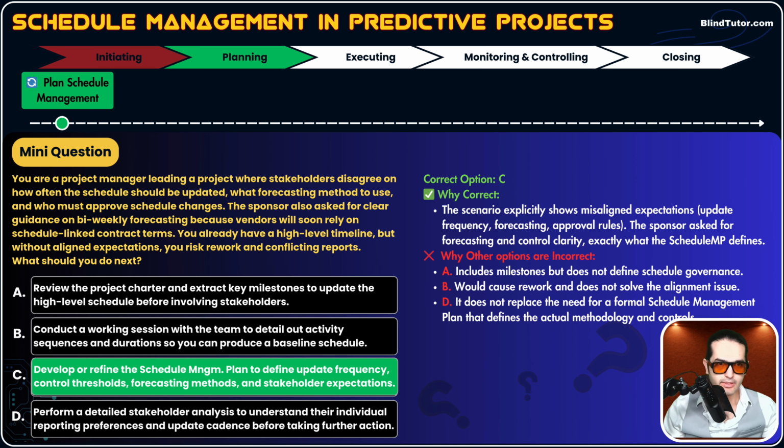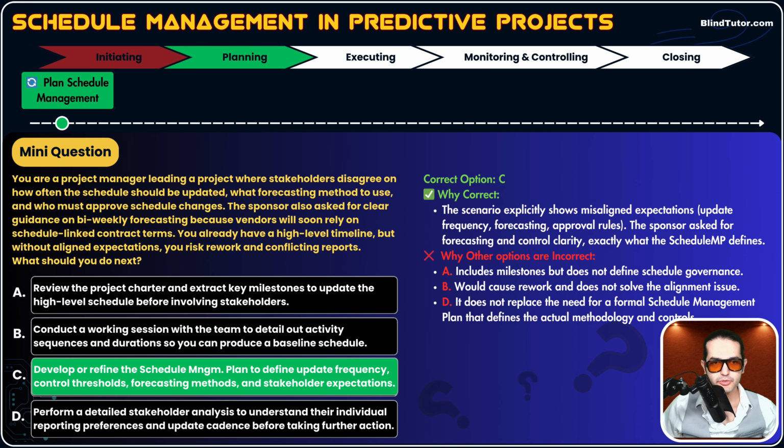The question is simply saying, hey, there is a misalignment, there is disagreement on how-to scenarios, how-to cases. You need a foundational document first, and then we sequence activities, estimate durations, develop schedules. All of these happen after having a good foundation. That good foundation is a schedule management plan.